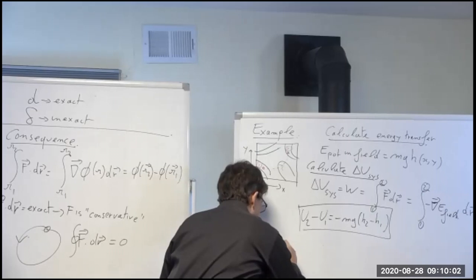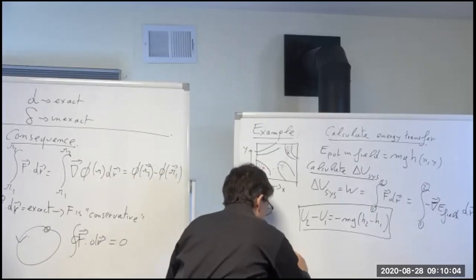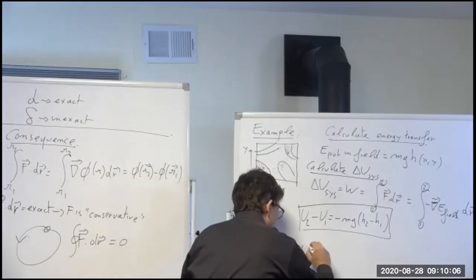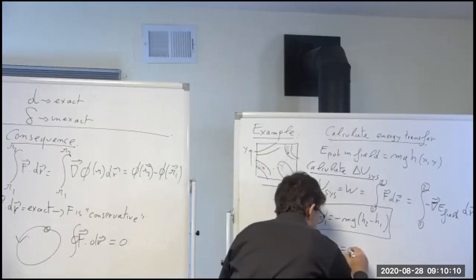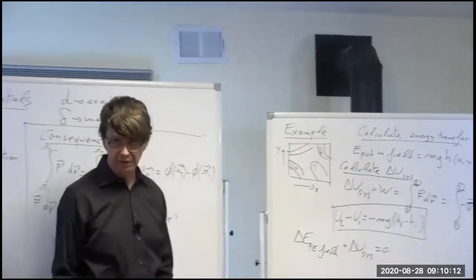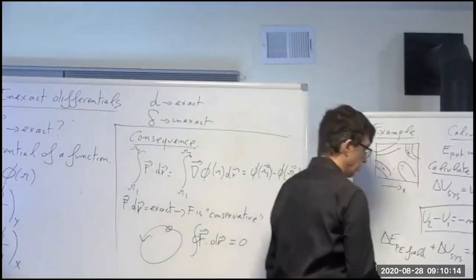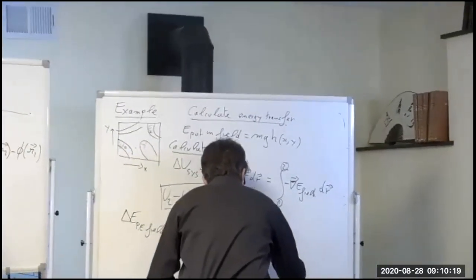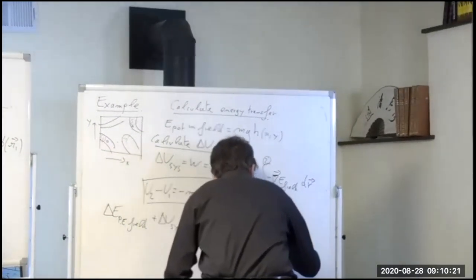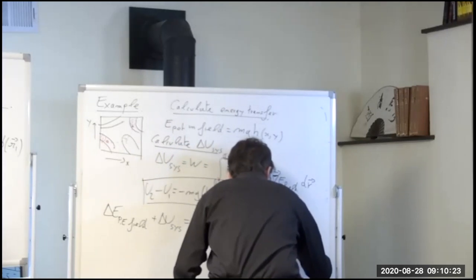The potential energy in the field plus the delta U of the system remains constant, right? So that change is zero because this is mg (H2 minus H1) minus mg (H2 minus H1).